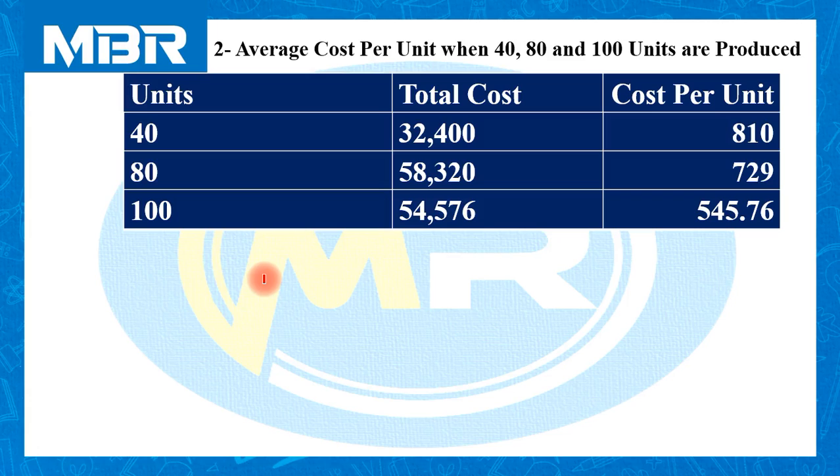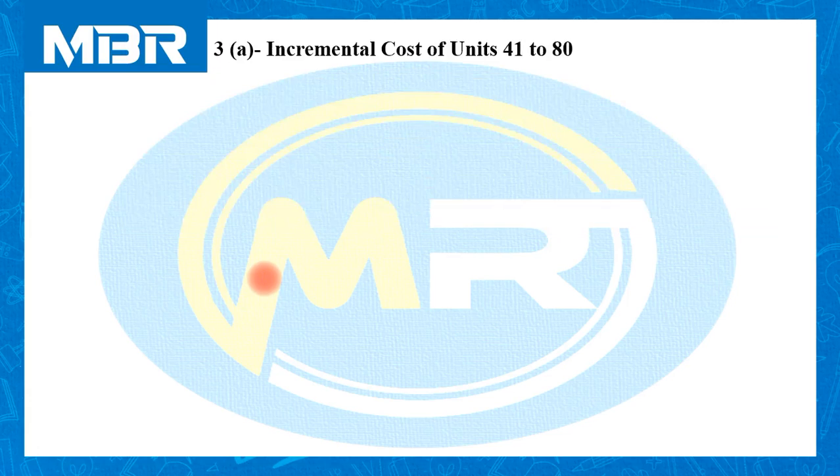Now, the third question asked by the examiner. In the third question, we need to calculate the incremental cost of units 41 to 80. Incremental, additional, differential: different titles are there.